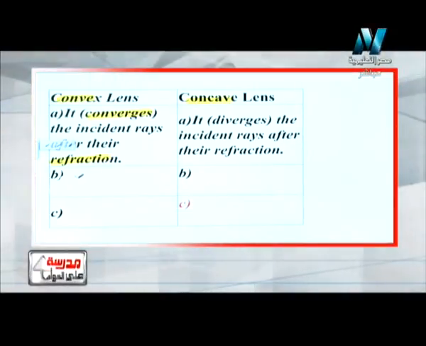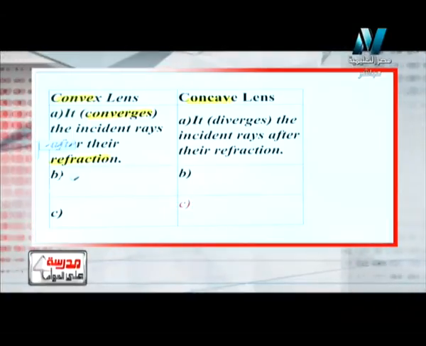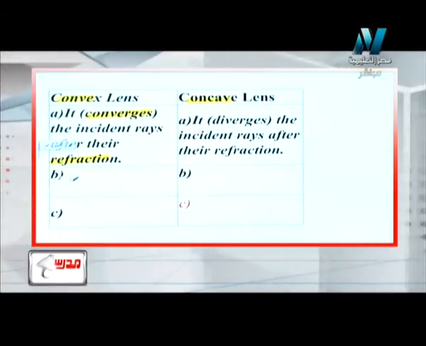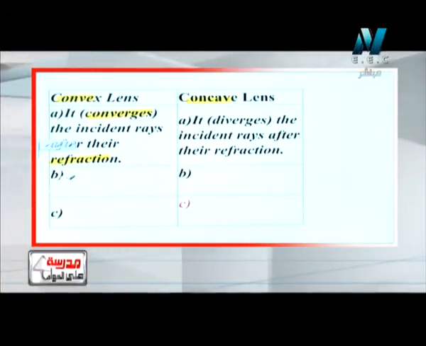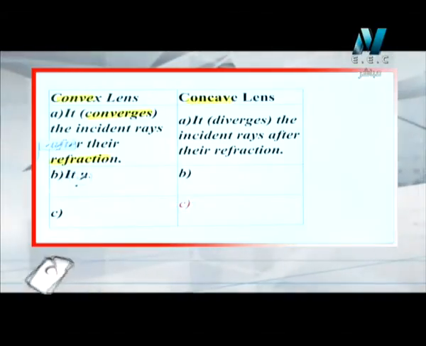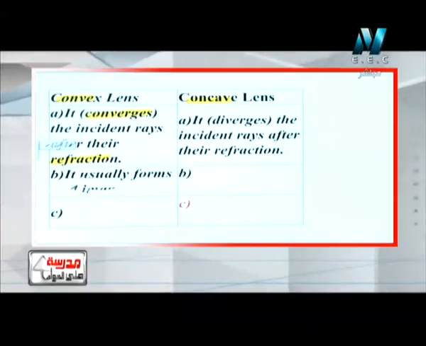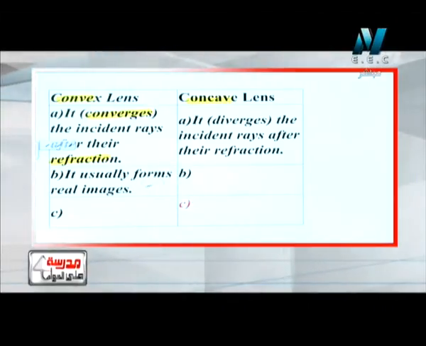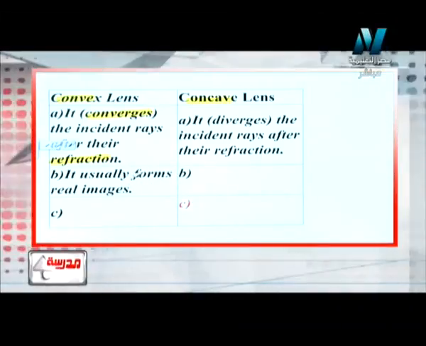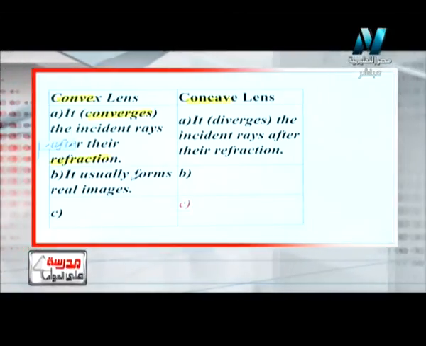So number 1, we know the behavior and the opposite behavior. Point number 2: the convex lens usually forms a real image, in all cases except one.